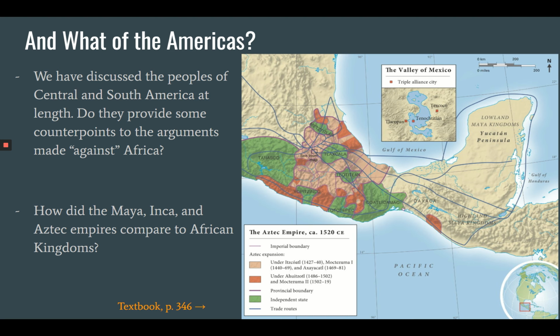But there are big empires in Central America and South America around the 14th, 15th, 16th century, the Mayas, the Incas, and the Aztecs, which are much bigger in terms of their physical size than most of these African kingdoms.